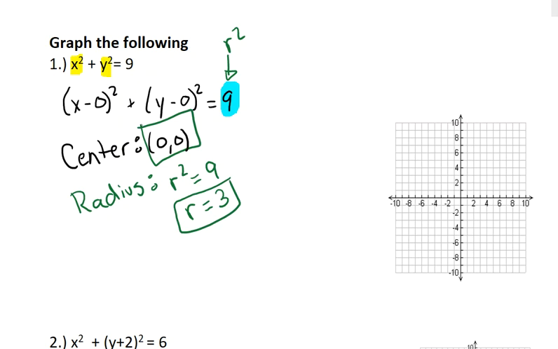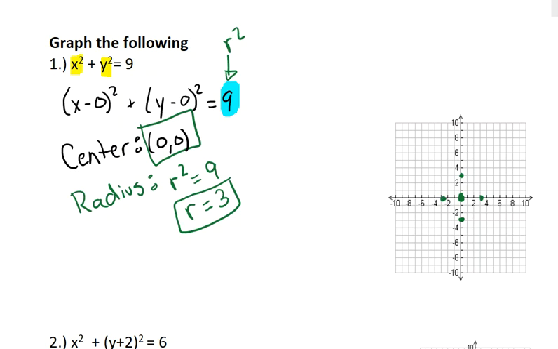And for when we draw these in our notes or on paper, it's going to be a little rough drawing, and that's fine. It'll be more accurate if you're using Excel or Desmos. So what you're going to do is just plot the center, (0, 0), and we're going to do 3 units vertical and plot a point, 3 units down, 1, 2, 3, and then left and right of the center.